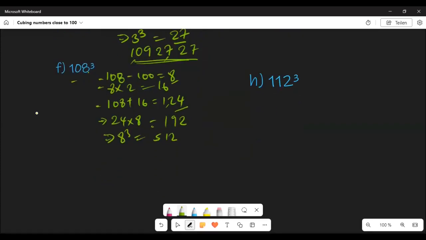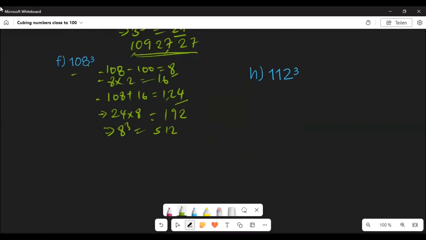So to get our answer, we're going to go here and say we have 1, 2, 4. And then you have 192, and then we have here 512. Okay, so first of all, let's just do this. So we have here 1, 2, 5, 9, 2.